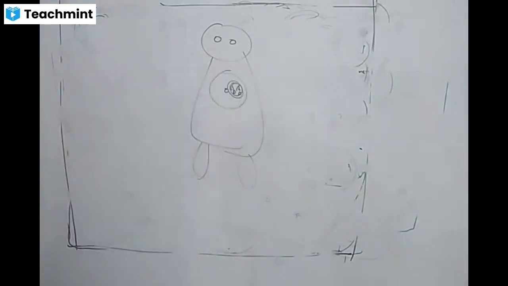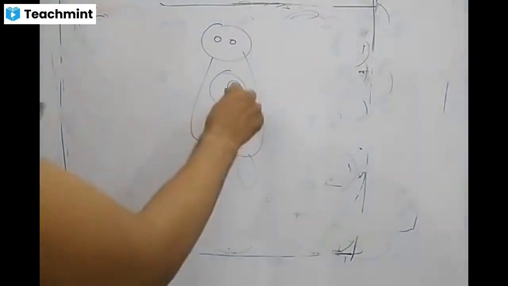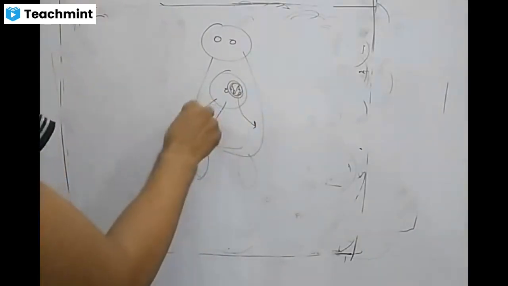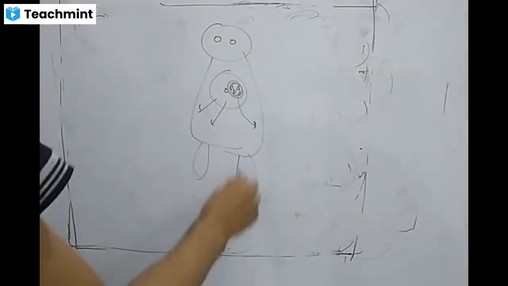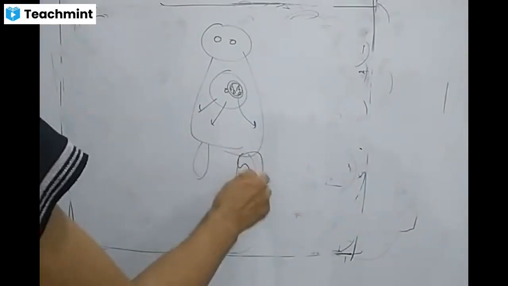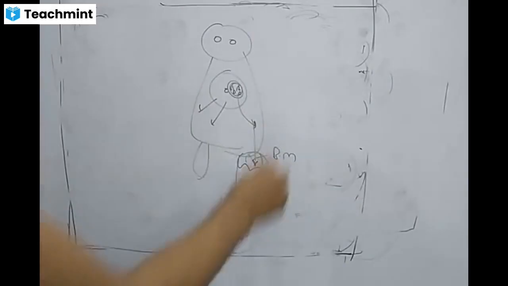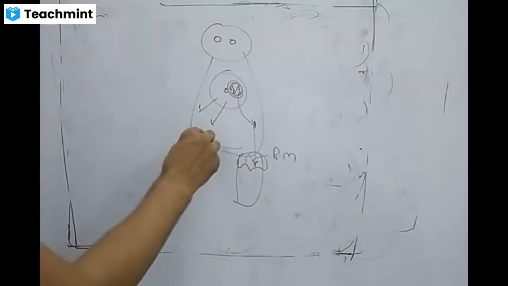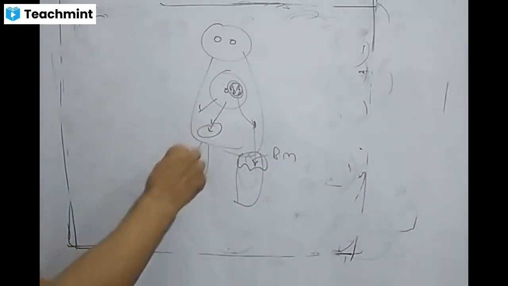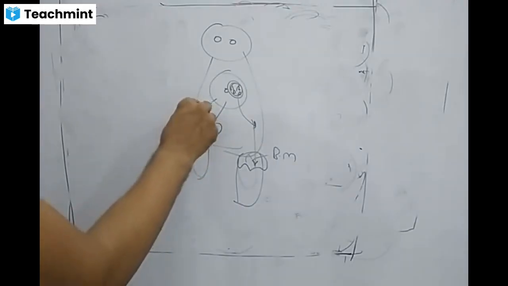Now from the blood, these macrophages containing amastigotes, or these LD bodies, move to different organs. This is the leg, and this leg contains bone marrow. It may enter bone marrow, or the spleen, or some lymph node.